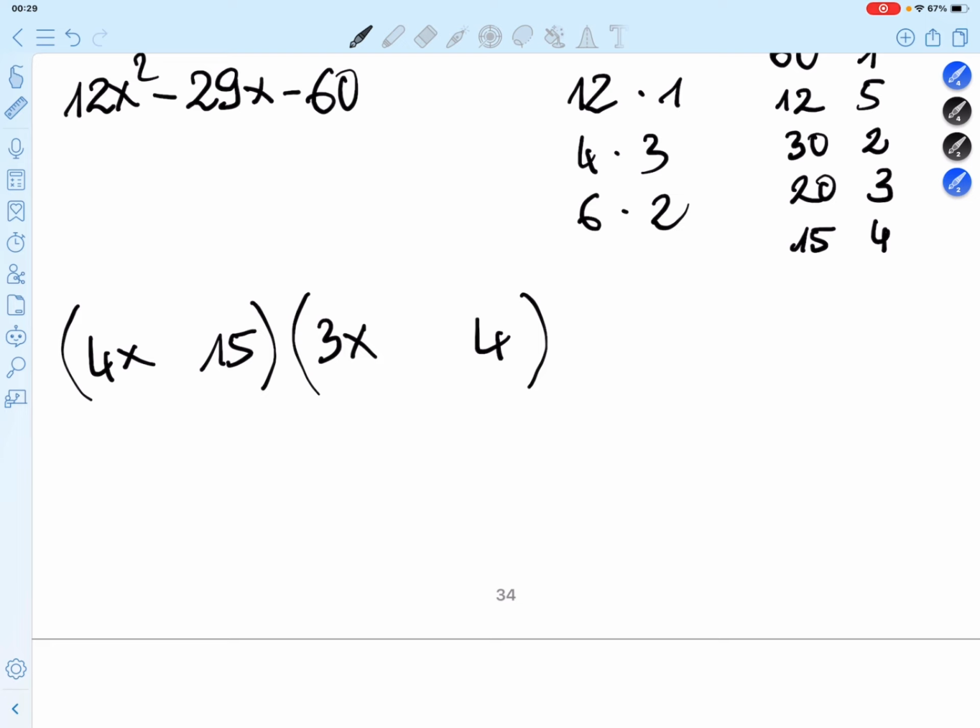So obviously the first term would be the product between this and this, which is 12x squared, which is this one here. Now this one and this would be what? Would be something like 16x. Then this one and this one is what? 45x.